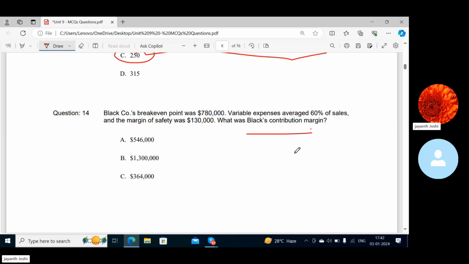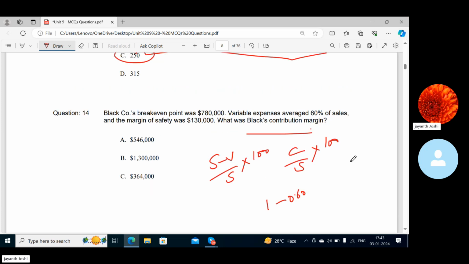So the contribution margin formula is contribution by sales into 100. Contribution is sales minus variable cost, divided by sales into 100. I've given the formula hint. You have to do this question. So your sales will be 1. Your contribution would be 0.60. Do you agree?